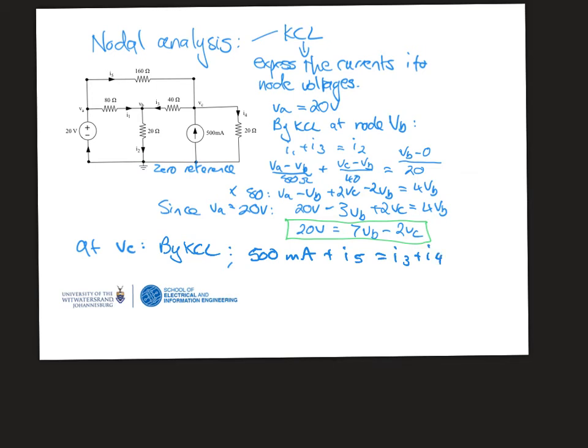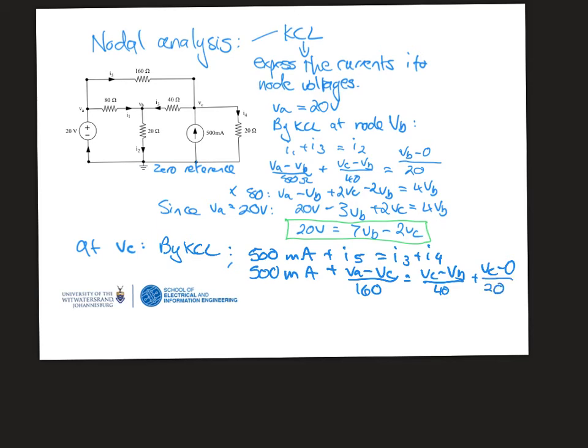And so again, if we write that using Ohm's law in terms of the node voltages, we get 500 milliamps plus VA minus VC over 160, and that's equal to VC minus VB over 40 plus VC minus 0 over 20.